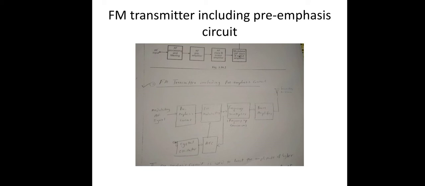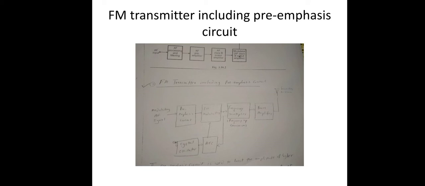The pre-emphasis circuit is used to boost the amplitude of the higher frequency modulating signals and to improve the noise immunity at the higher modulating frequencies, that is, to improve the signal to noise ratio. Then the boosted higher frequency modulating signals are brought back to their original amplitude by using the de-emphasis circuit at the receiver.